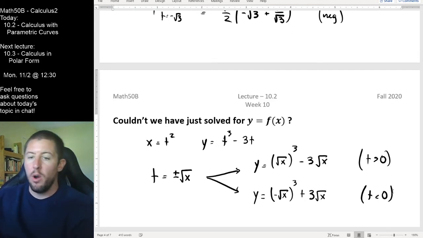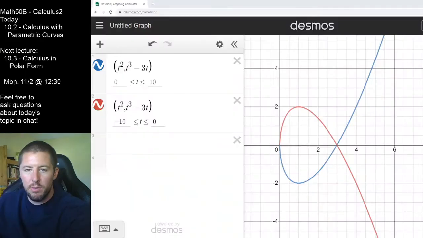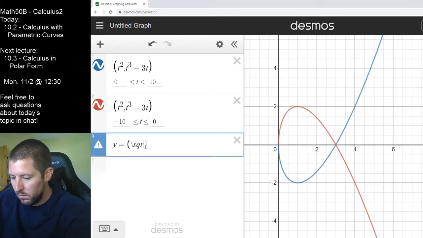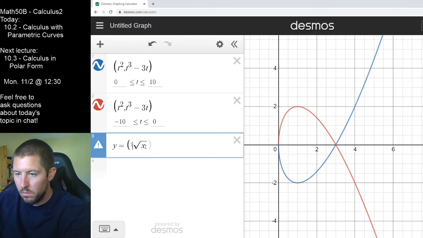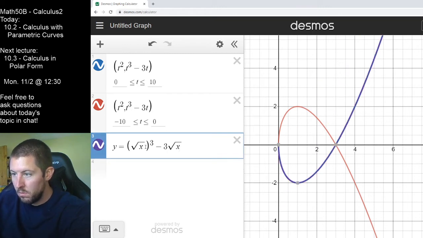And so we can go and confirm back in Desmos that these equations are legit right here. Let's just do that real quick. So what is that? Root x minus 3 root x. And there it is.